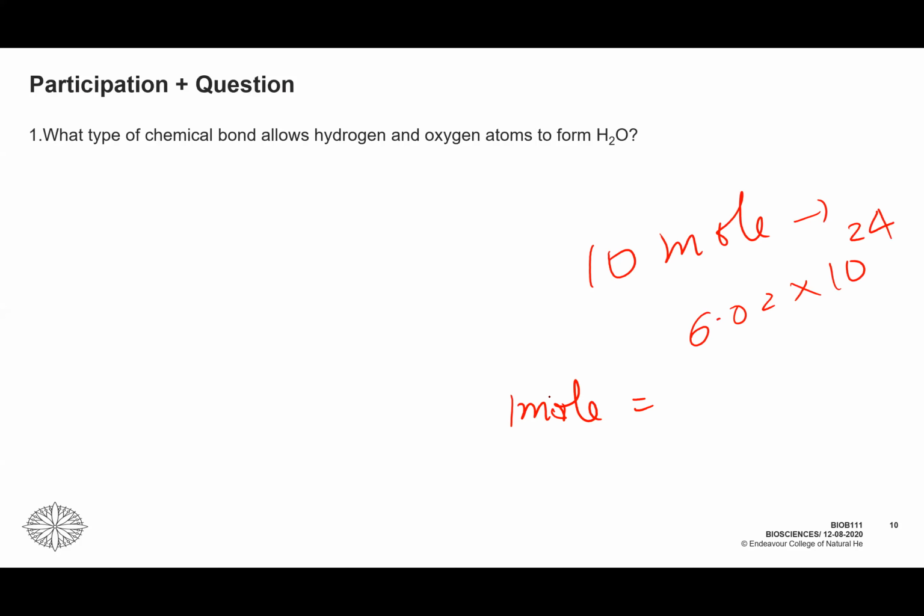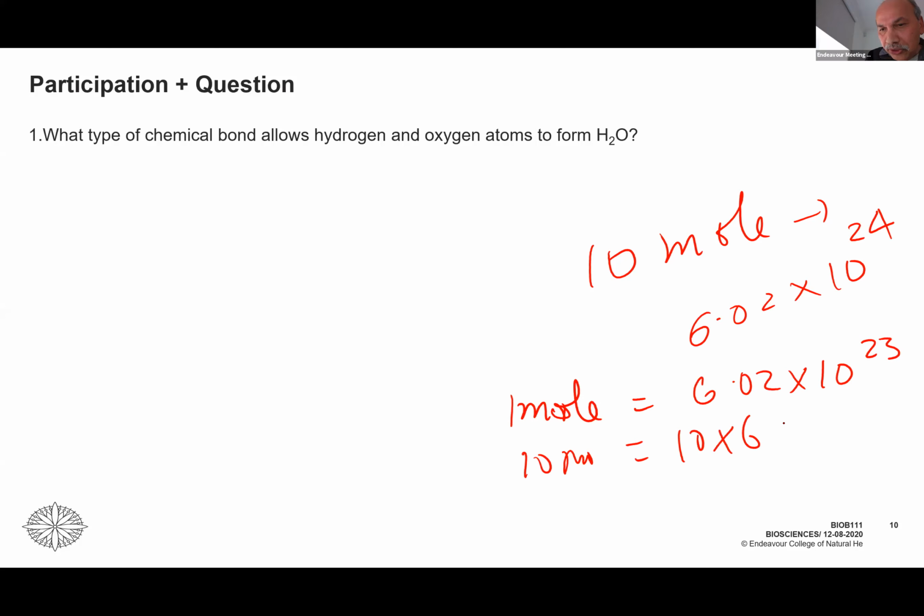1 mole is going to have 6.02 times 10 to the power of 23. Now 10 moles of water is going to have how many? 10 times 6.02 times 10 to the power of 23, which is actually 60.2 times 10 to the power of 23.